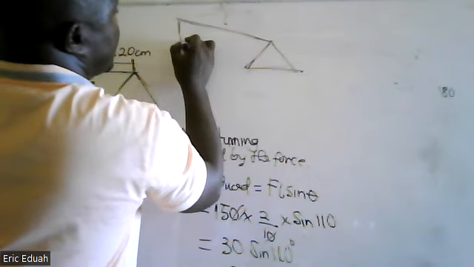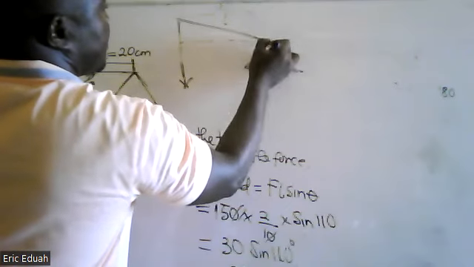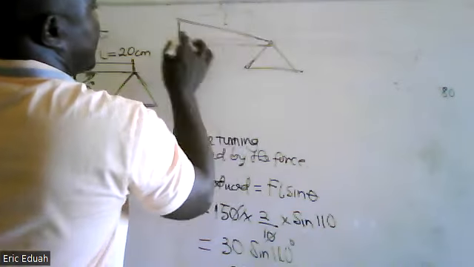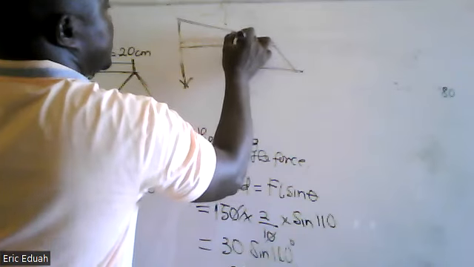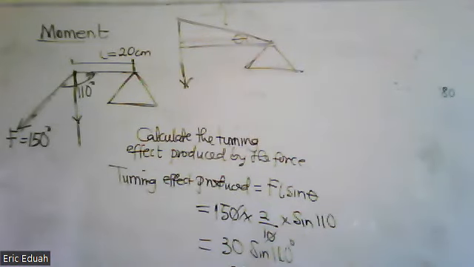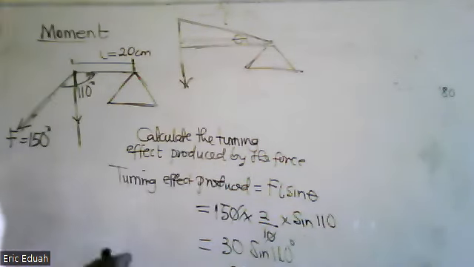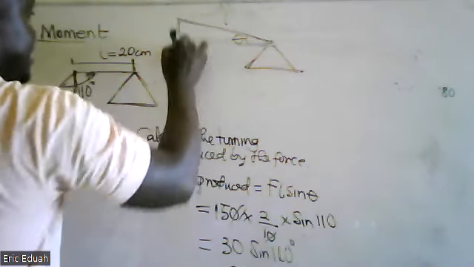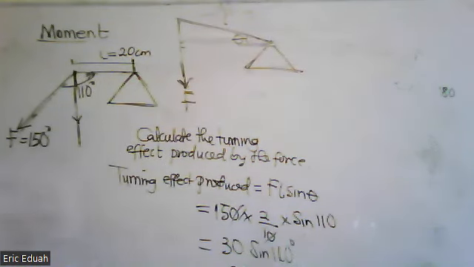Let me draw it this way. The rod is at this angle theta to the pivot, and F acts on it this way. You see, look at the difference.